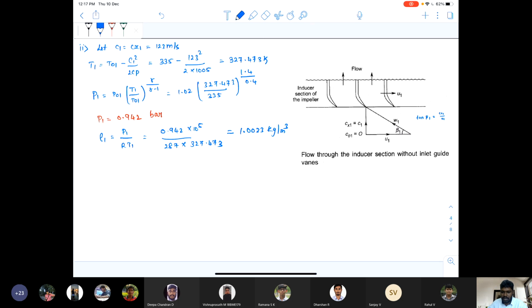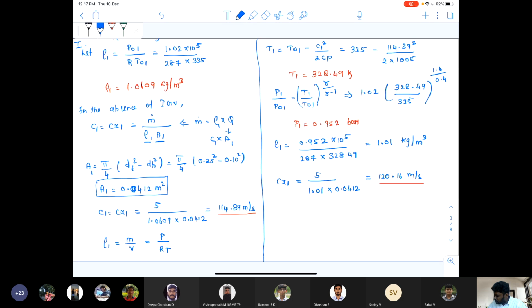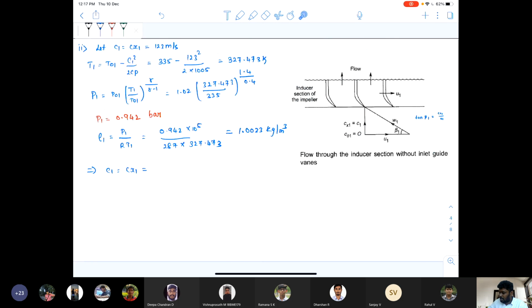Now we have found out the value of rho 1, and again we need to check the value of Cx1 by using these equations. Therefore, C1 is equal to Cx1, which is equal to m dot, that is mass flow rate, divided by density into area.